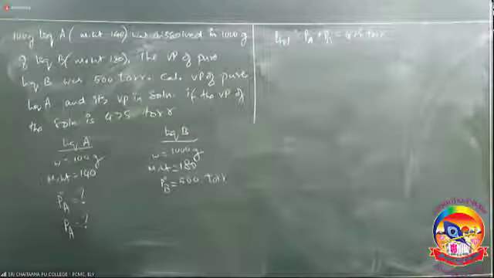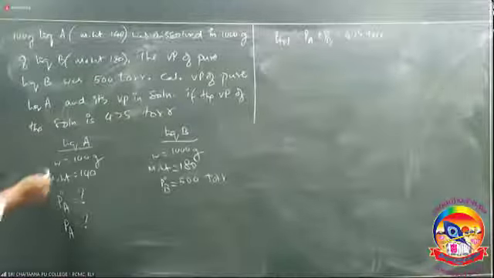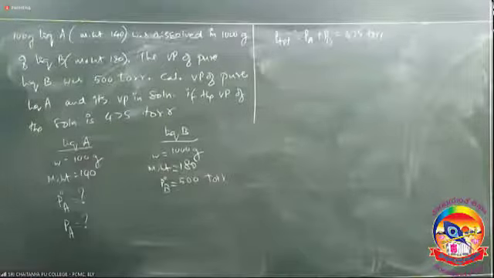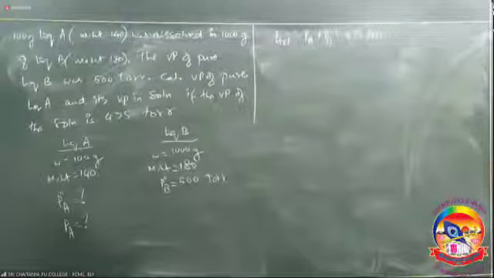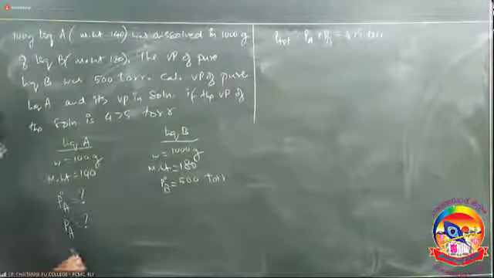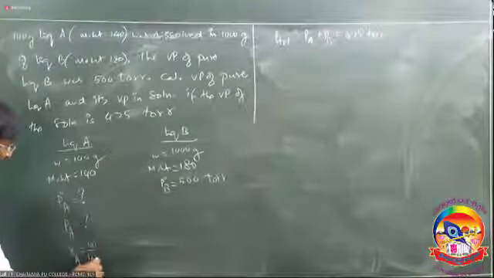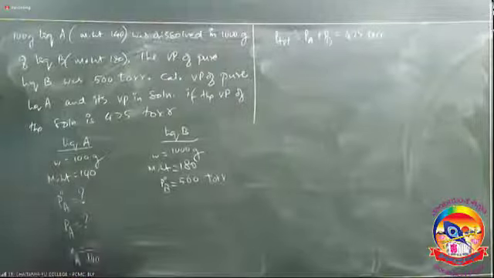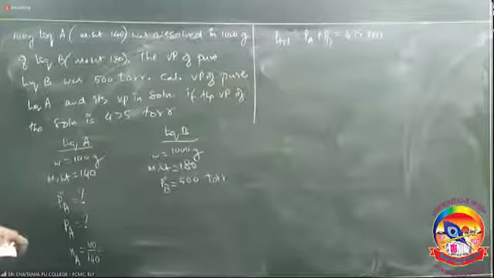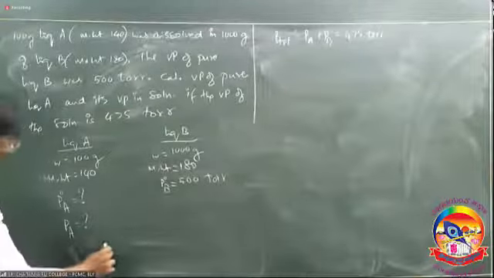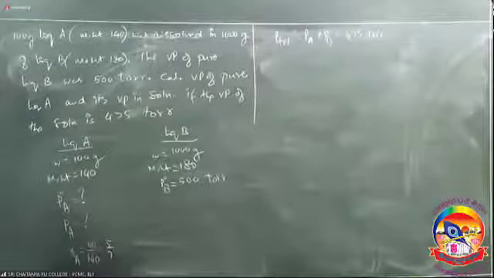Now, first of all, is mole fraction involved here? Mole fraction is involved. That's why you calculate NA, which is 100 by 140, around 5 by 7.